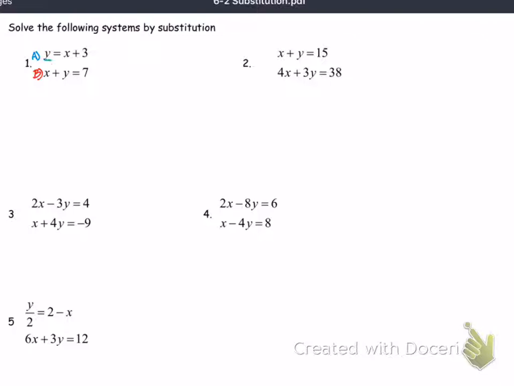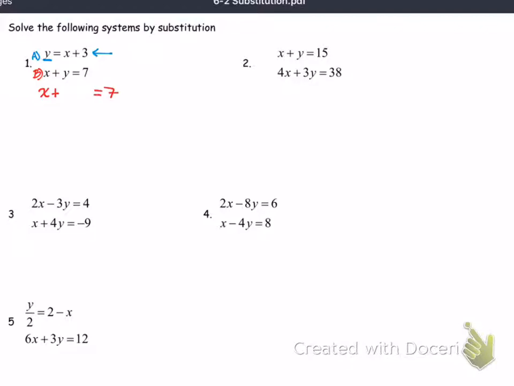It has y by itself, so I'm going to choose this one. Then you go to line B, and I'll write everything in line B in red. It says x + y = 7.